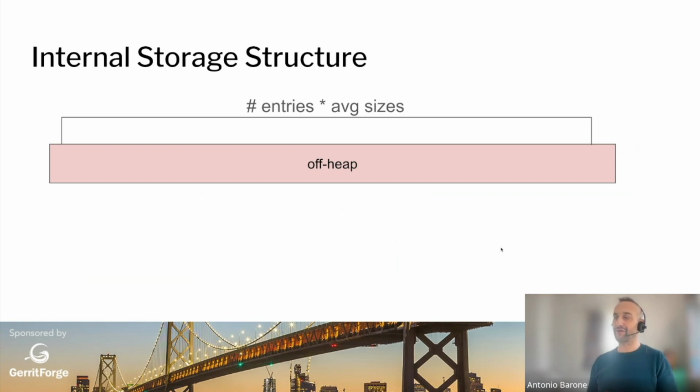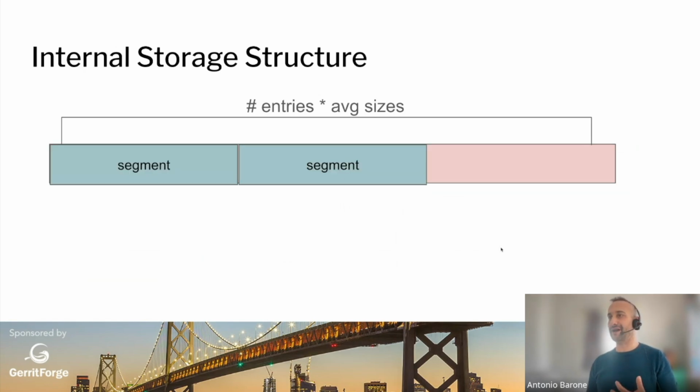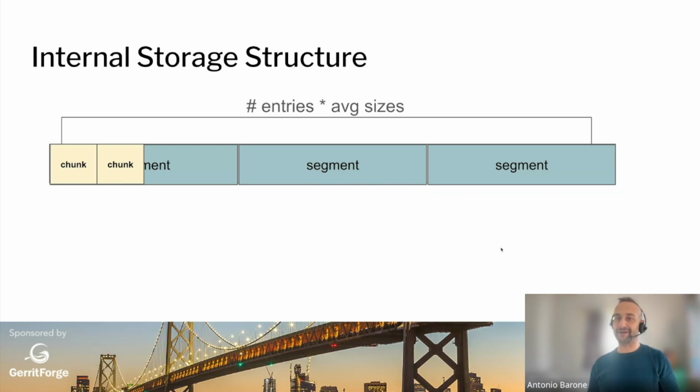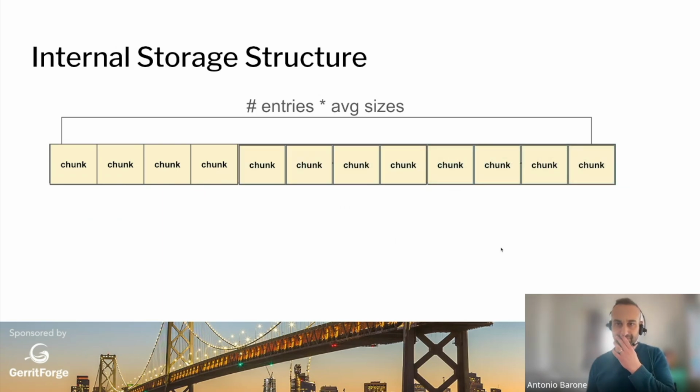But once Chronicle Map works out all of this, it will divide your off-heap memory into segments. And each segment, you have to think about it as an independent hash table. Each segment will hold a contiguous memory region, which is divided into equal size chunks. This is true for each segment.